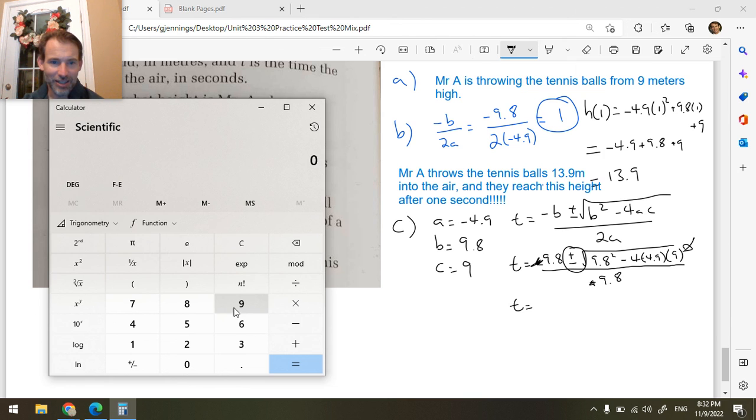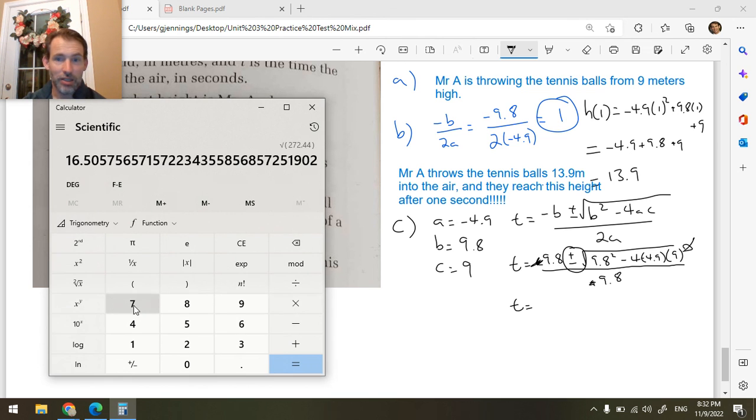Okay, I feel like that's kind of clear, even though you're probably confused as to what I'm doing. I'm going to square this. I'm doing inside the square root sign, and then minus 4 times 4.9, but it's negative, times 9 equals. So that's what's underneath the square root sign.